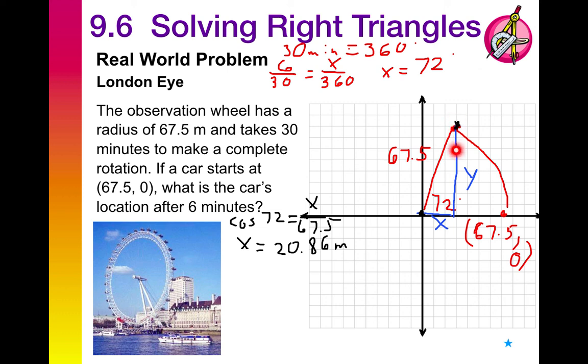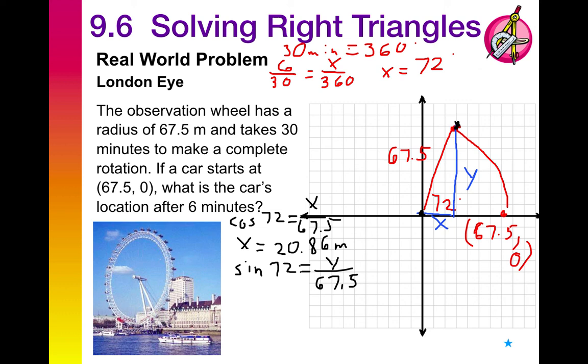Next thing we want to find is the y. The y component is just a matter of saying, well, that's the opposite the 72 degrees, so we're going to use the sine. So sine of 72 degrees is equal to y over 67.5.